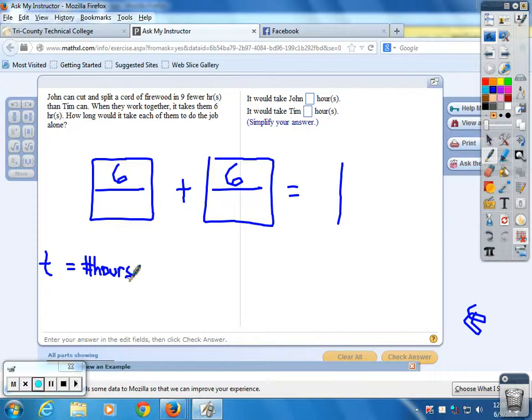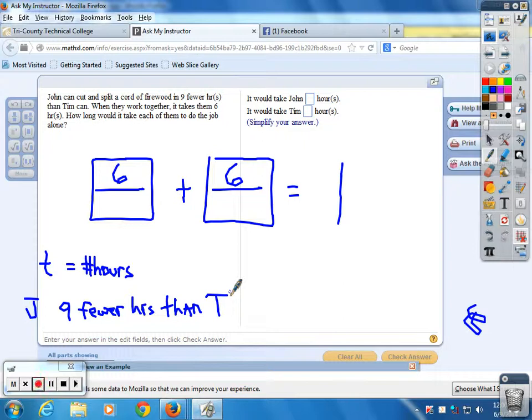it says John can cut a load of firewood 9 fewer hours than Tim.